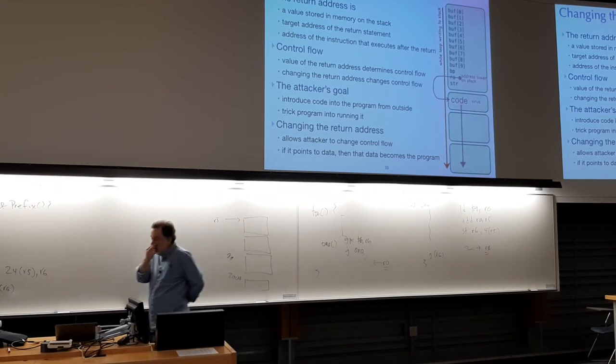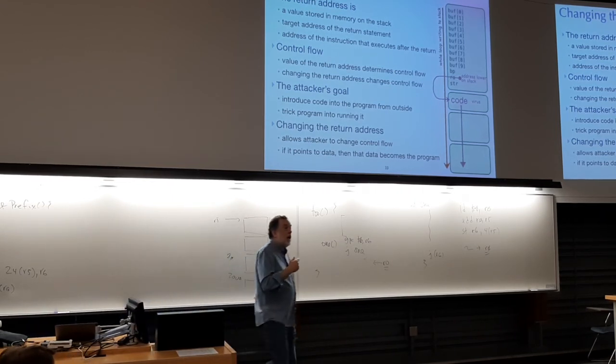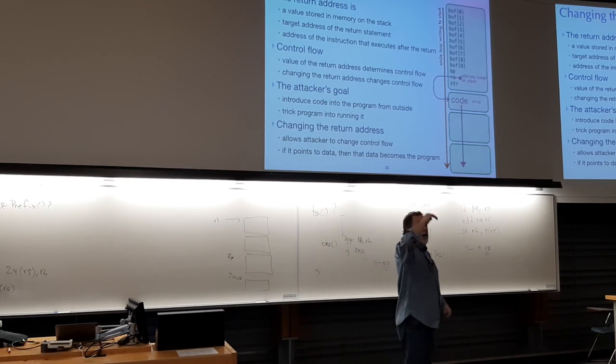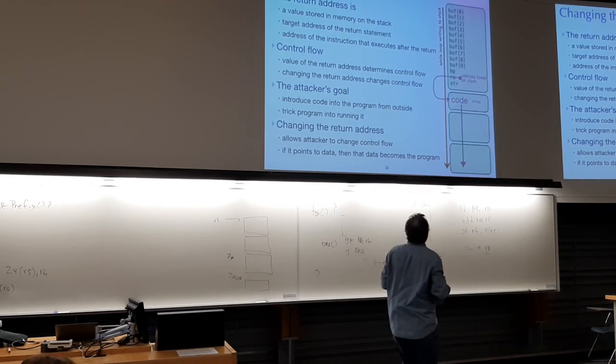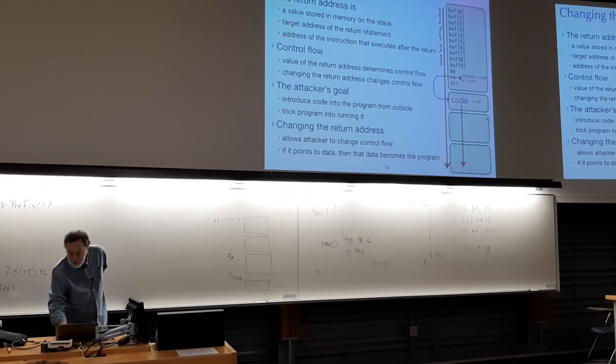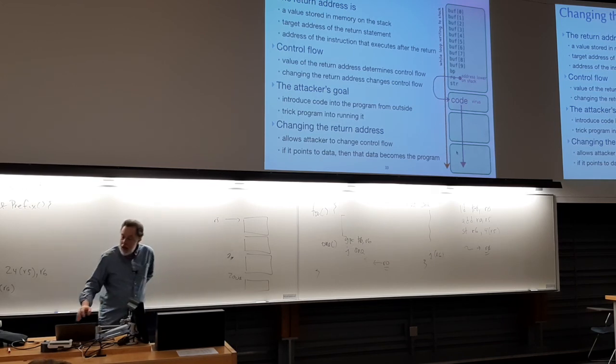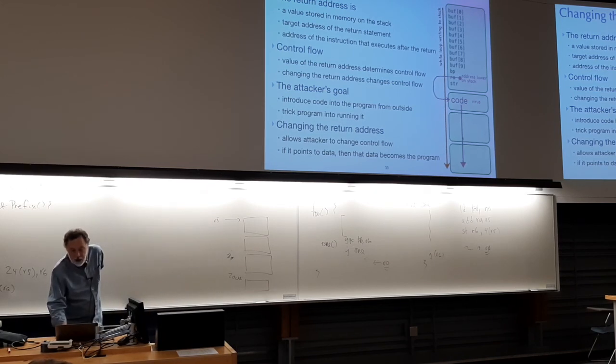And I find the bug, and then I have to do a couple of other things that I'll explain in a second, so that I can create a string that will activate that bug in the way you looked at here. I get to smash over the return address and then write the virus code onto the stack, and change the return address so that it points to the code.